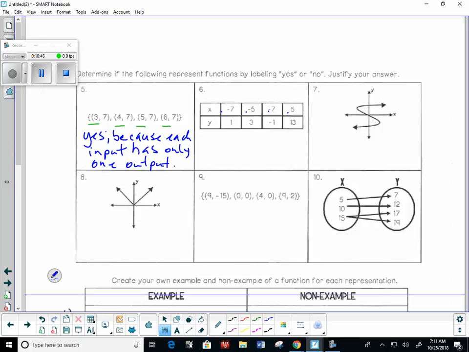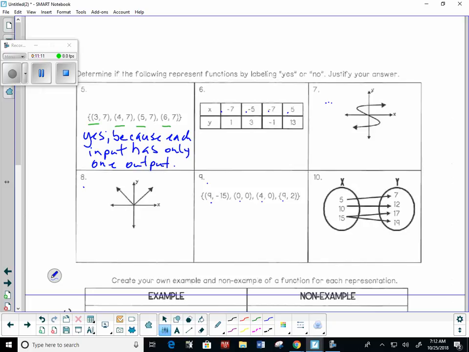Remember our vertical line test that we're going to be drawing. So you draw a vertical line, and if you pass through more than one point, it's not a function. Same thing, looking at number 8, vertical line test. And then whenever you get to number 9, we're checking out our x values to see if there's a repeat, basically.